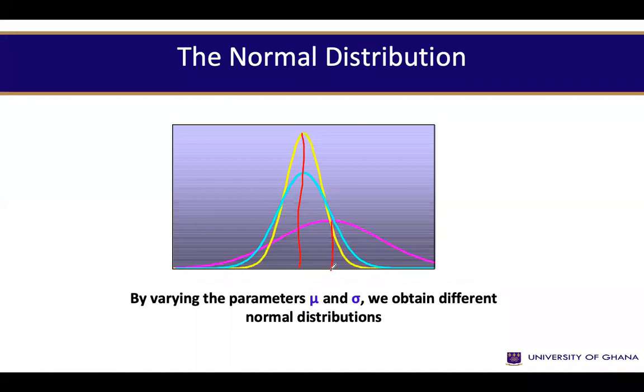Although the yellow and the green have the same mean, they have different standard deviations because one is wider than the other. The purple one is wider in terms of its spread and it's also different in terms of its direction. So that one also has a different standard deviation and also has a different mean.